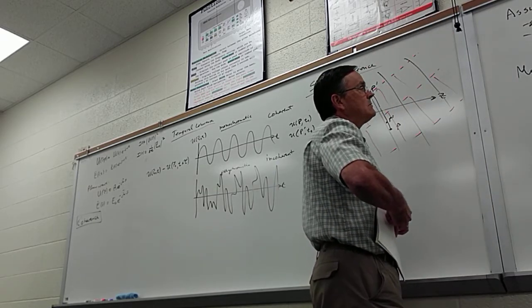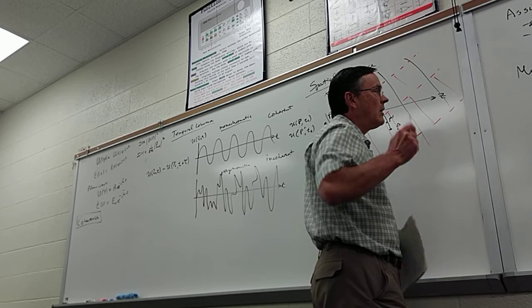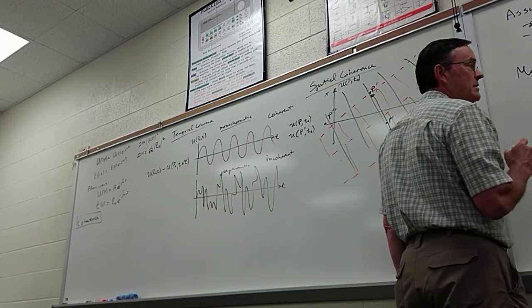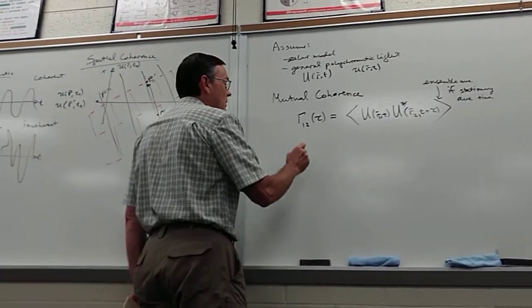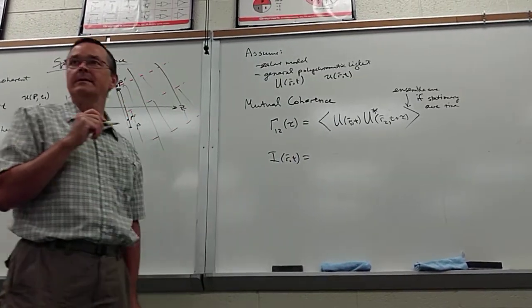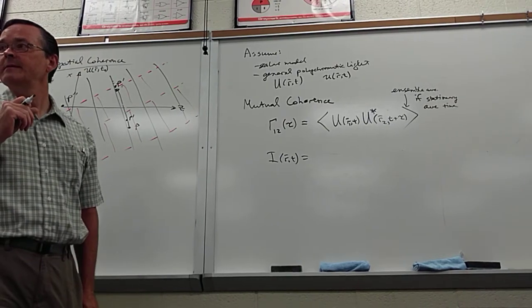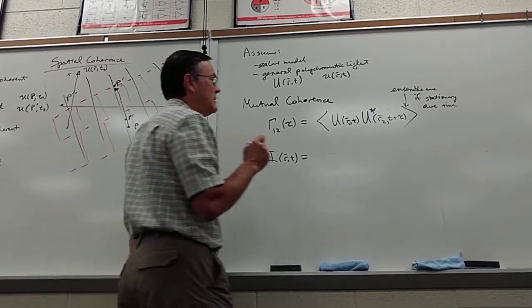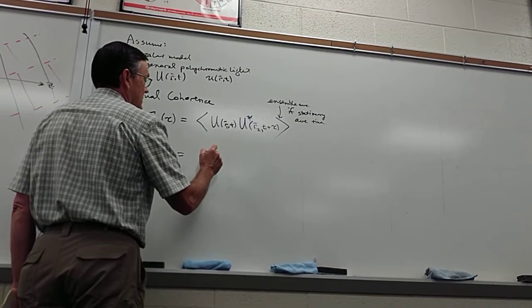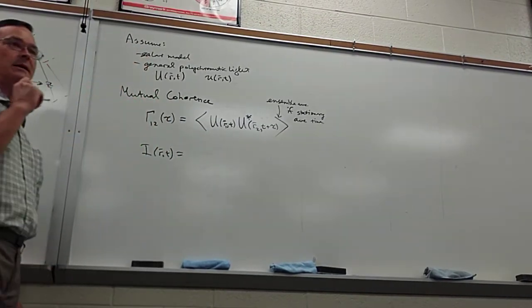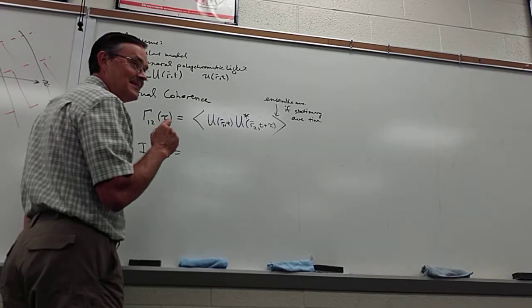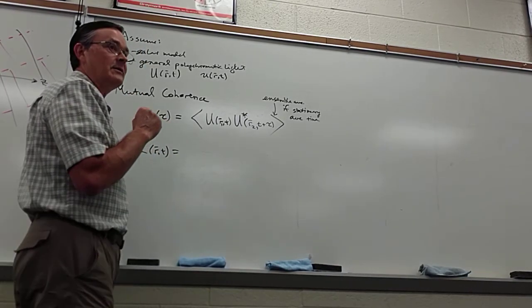Okay, so recall what the expression for irradiance is for a polychromatic beam. You remember? E naught over 2 eta, absolute value of A squared.